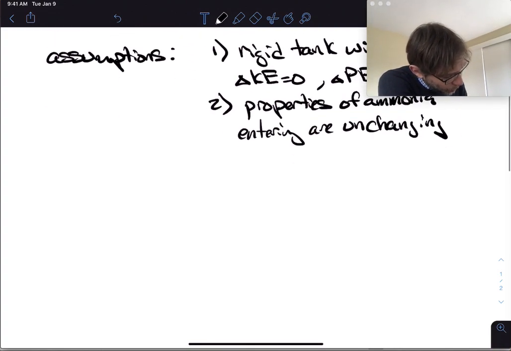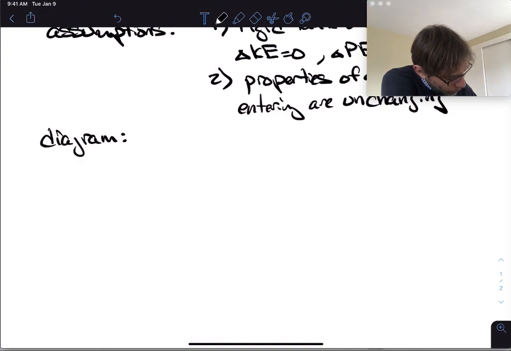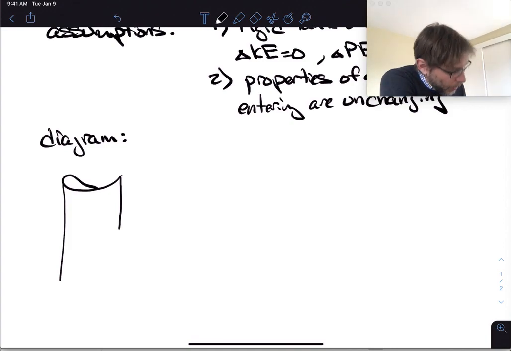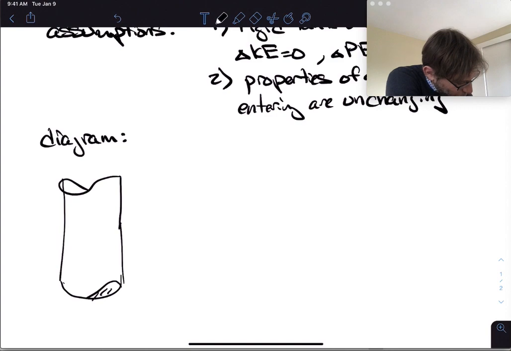So now let's make our diagram. We've got stuff coming in here. So we have a big pipe here, and there's flowing ammonia.